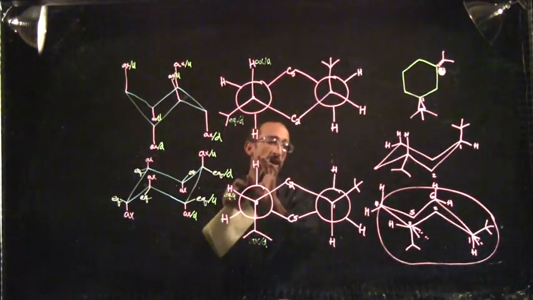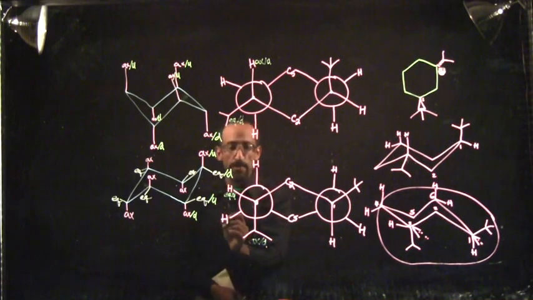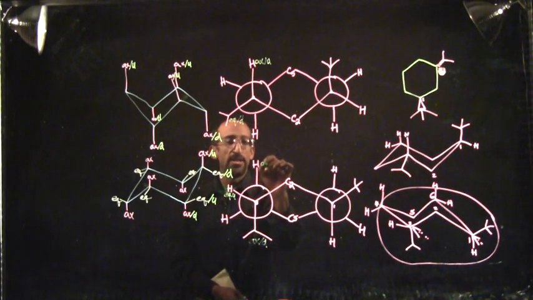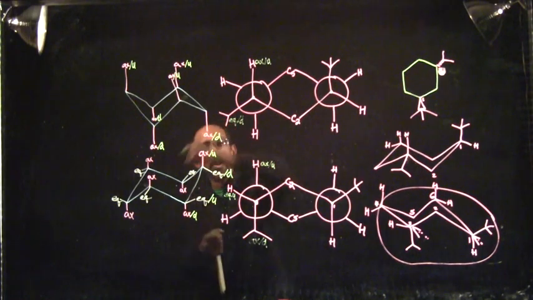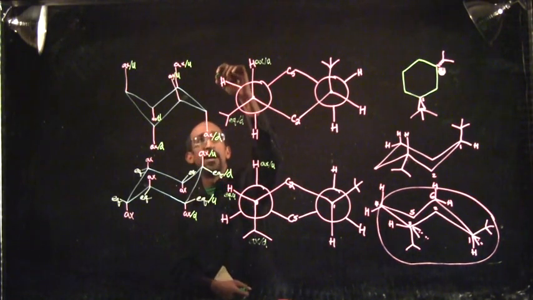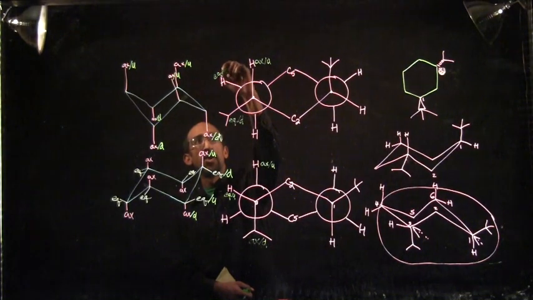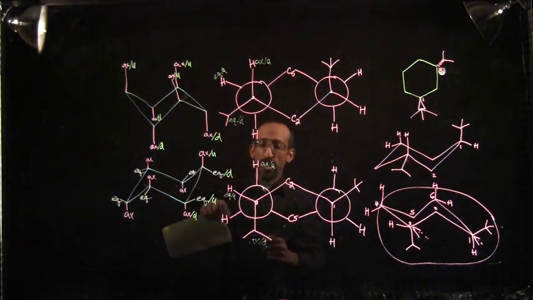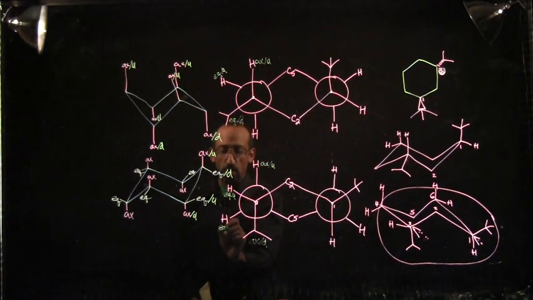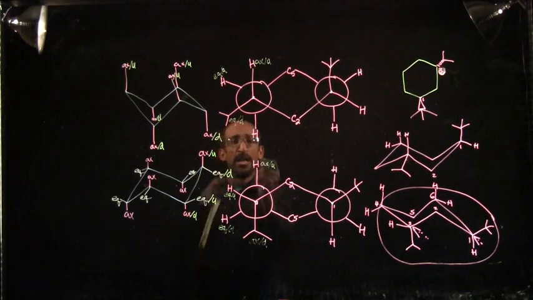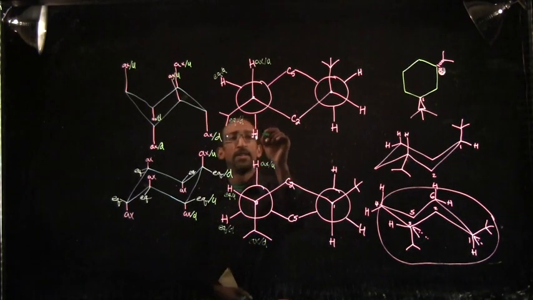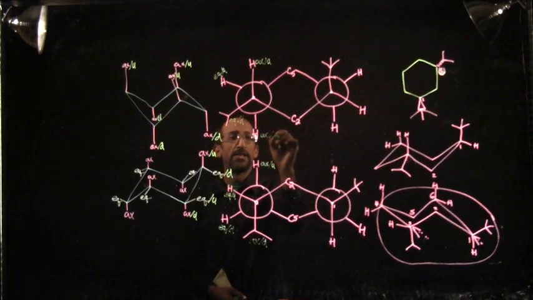The hydrogens on the back carbon, carbon 4, we started with one axial up. That hydrogen rotated this direction to become equatorial up. Our hydrogen that was equatorial down has now been rotated to become axial down.